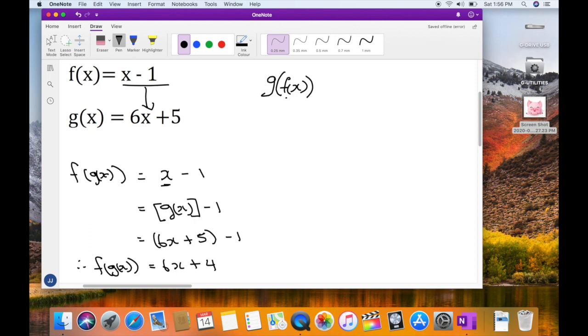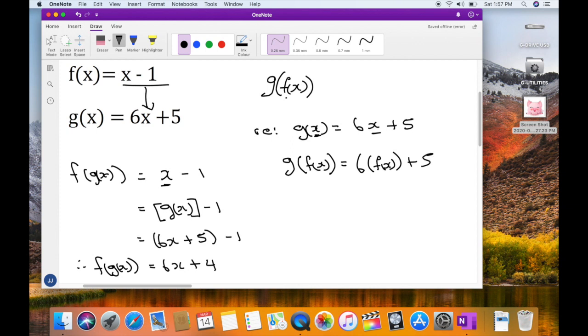So let's recall the g of x is 6x plus 5. So I want to substitute f of x inside of this brackets here. So that's the g of, open brackets, the f of x. That means that anywhere I have x, I'm going to put f of x. So that is 6 times f of x plus 5, right?